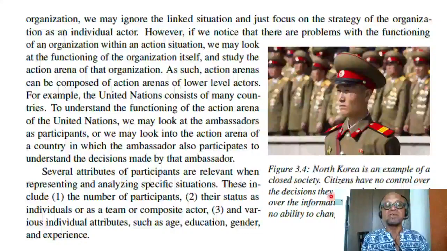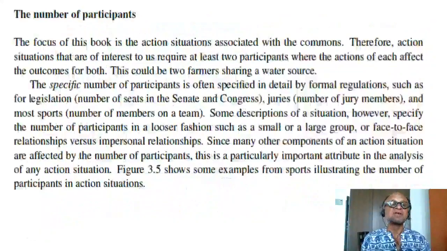We don't always know the internal functioning of the system, but from what we can understand from the outside, we know that Kim Jong-un is in charge and he's making all the rules, and he's determining what positions are occupied by different participants in each action arena, in each action situation. So the citizens apparently don't have any control on the decisions they make, and they certainly do not vote and change regulations and so on.